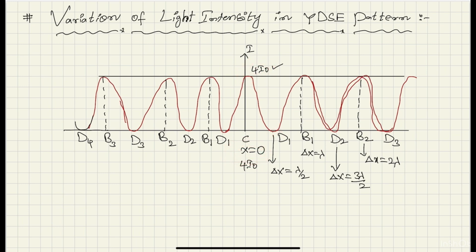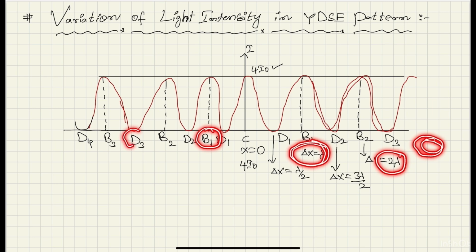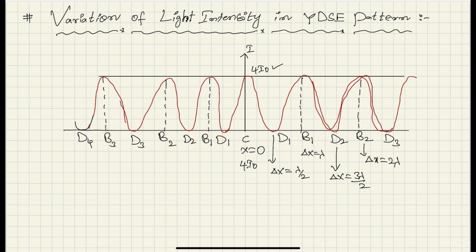Next, what is the path difference? For the bright fringes it is n lambda: 1 lambda, 2 lambda, 3 lambda, and so on, on both sides. So the condition for path difference delta x equal to n lambda is for the bright fringe.